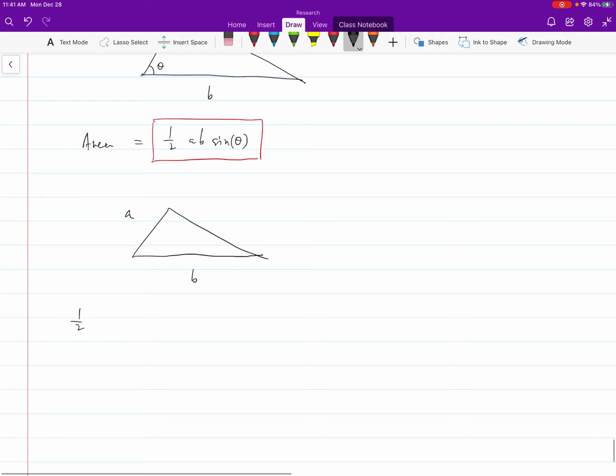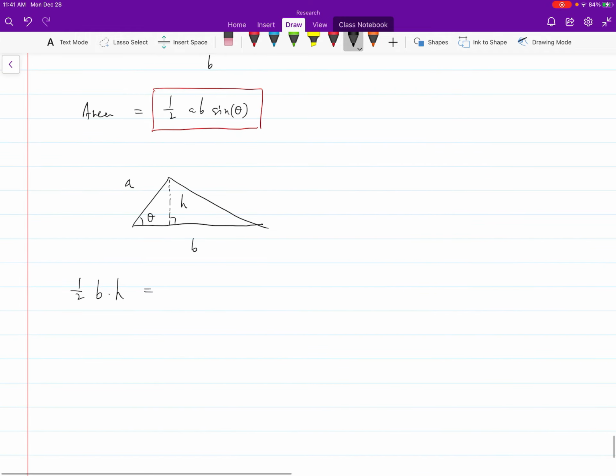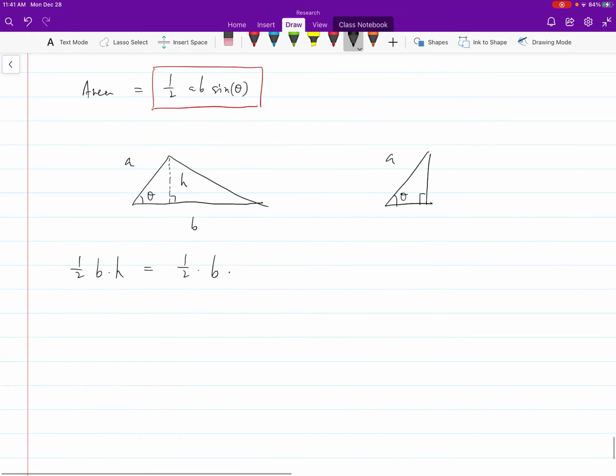What's the area? Base times height. What is height? Height is this. Now you know the relationship. The height is in the right triangle. And it's not hard to see. Sine theta equals h over a. Therefore, h equals a times sine theta.